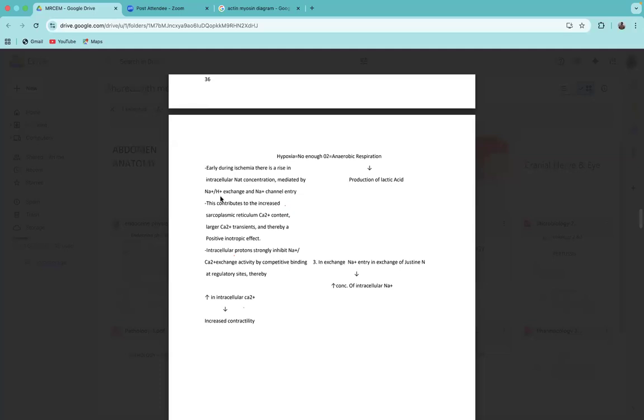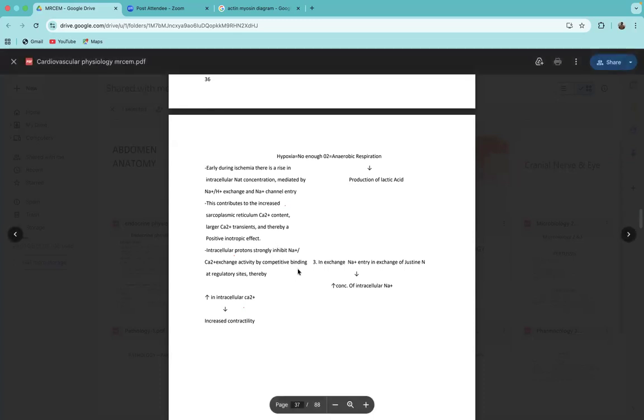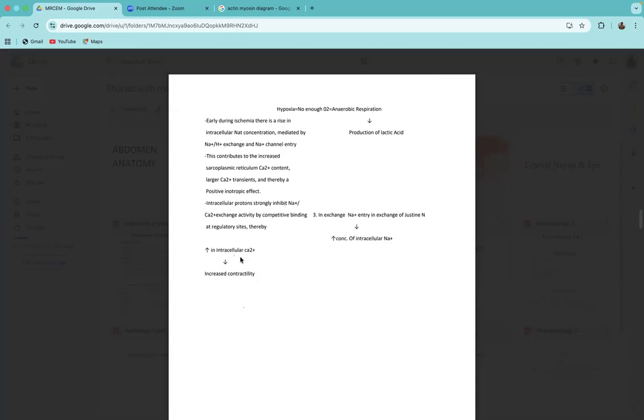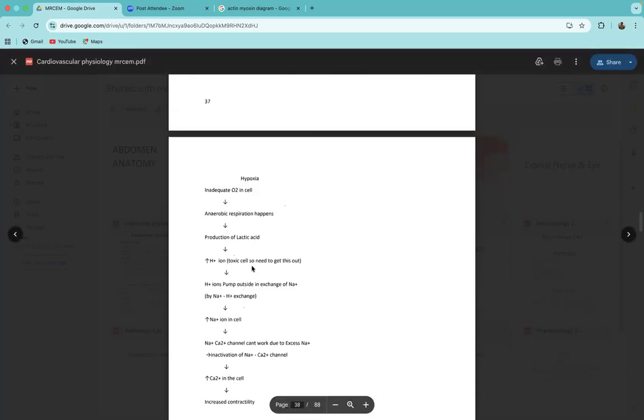And so larger contents of calcium will get into the cell and stay in there, and due to this much calcium and the intracellular sodium level, the contractility will ultimately increase. The calcium exchange activity will have a competitive binding with sodium, and they will ultimately get stored in the cell and cause increased contractility as well.